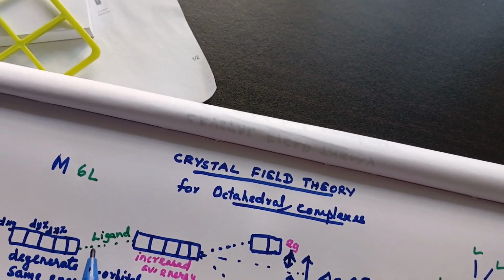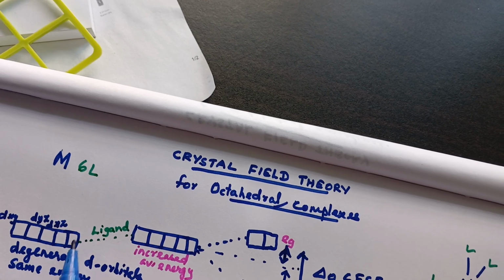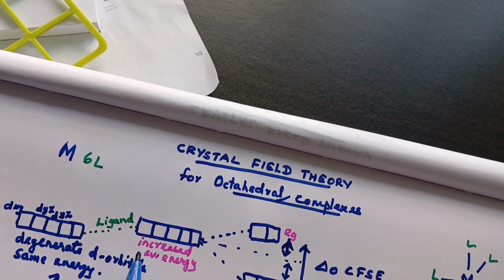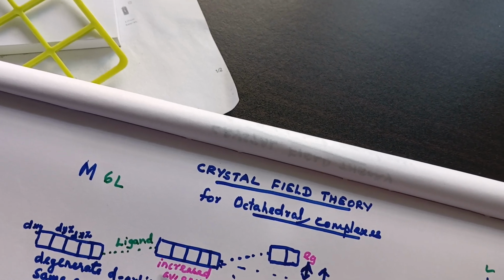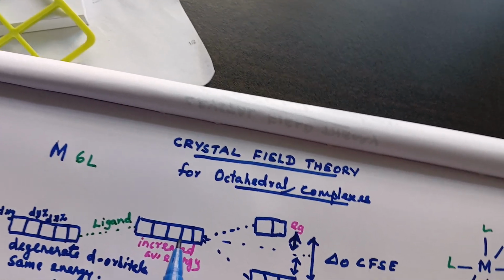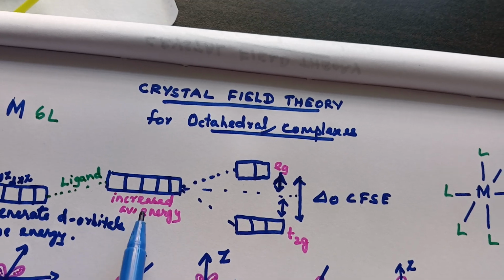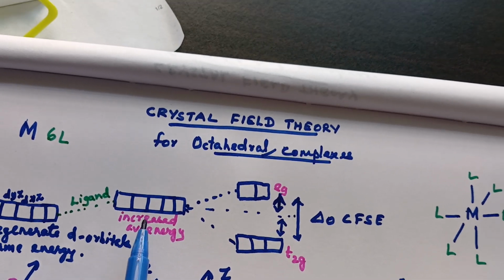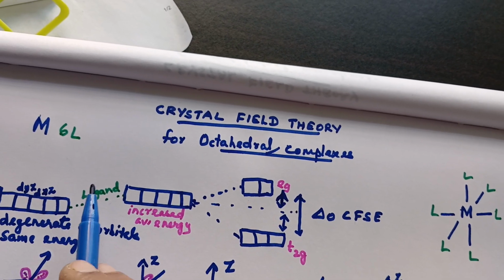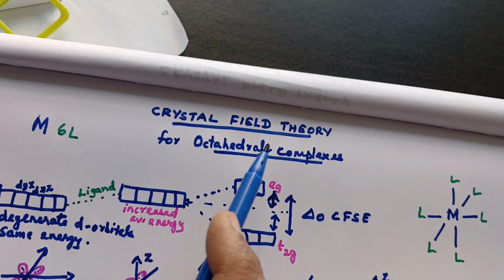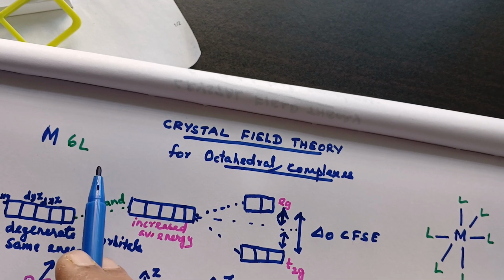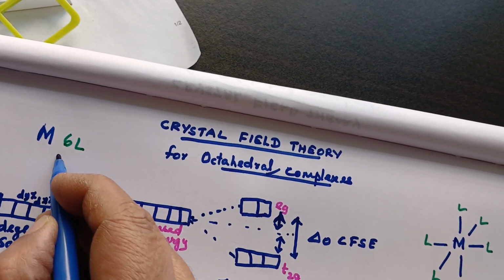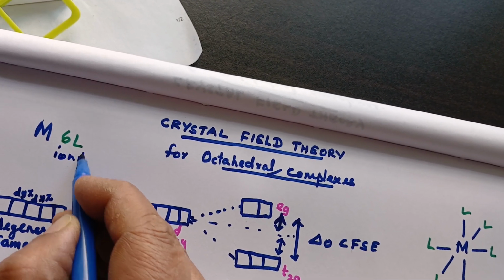But when these ligands approach this metal atom, there is an increase in the average energy of the orbitals. What causes this increase in average energy? Here in crystal field theory, we are taking the metal ligand interactions to be ionic in nature.